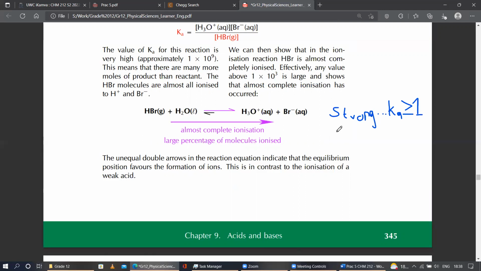And when it's weak, the ionization constant is most likely going to be less than 1.